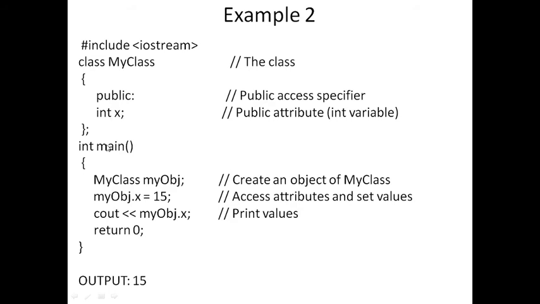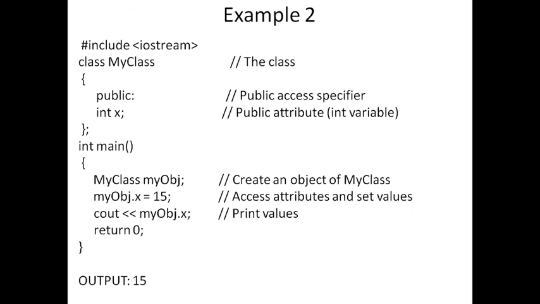Then enter into the main section. First of all, MyClass myObj. Here we create an object myObj for this particular class. Then myObj.x = 50. What is the meaning of this particular line? The dot operator is used to direct the member selection by the object.